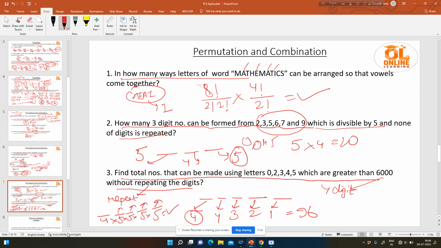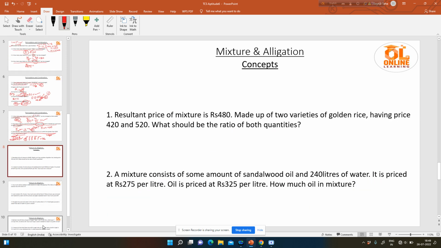Hope you have understood. Now let us move to the next topic, that is mixture and alligation. It is an important topic. To solve mixture and alligation questions, we have a shortcut trick. If a cheap price is given, a costly price is given, and an average price is given, then we do cheap minus average and costly minus average.